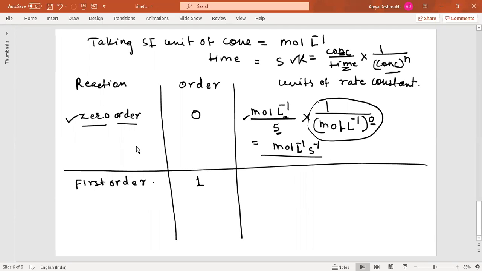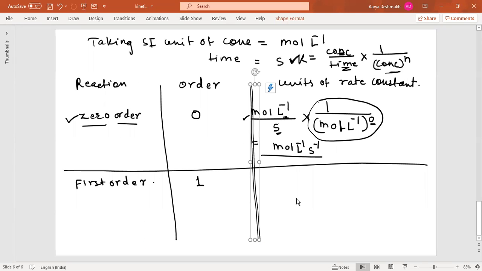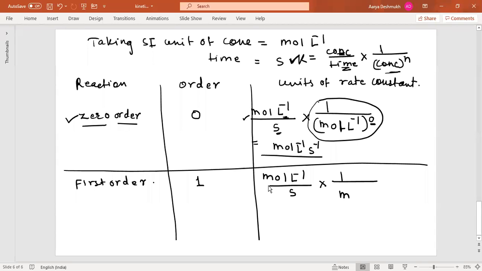Now, again use this same equation, K equals to. For this you can write moles per liter divided by second into 1 divided by mole per liter raised to 1.